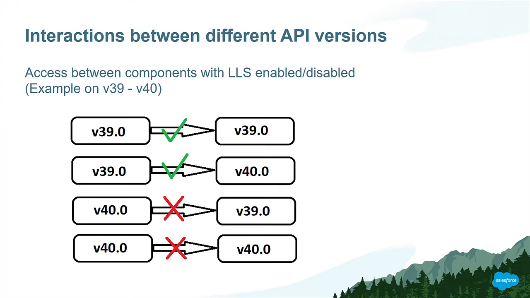This is because Lightning LockerService is not like an outside shell, it's an inside shell, so it won't allow your V40 Lightning component to access the DOM of any other component. But still, lower versions will be able to grab the data from there, so you'd likely switch to the higher versions as soon as you can. And you need to take this into account.